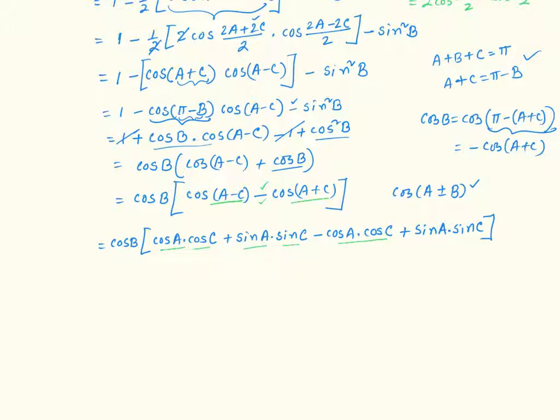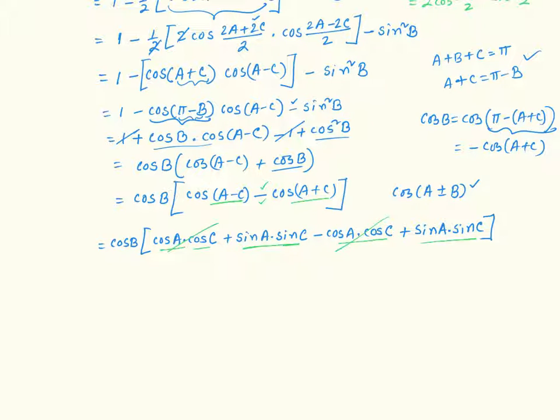Now there is some cancellation going on. This one and this one are going to cancel out, because positive cosine of A times cosine of C and negative cosine of A times cosine of C cancel out. Now look, this is sine of A times sine of C, and this is sine of A times sine of C. That means there are two of them here.